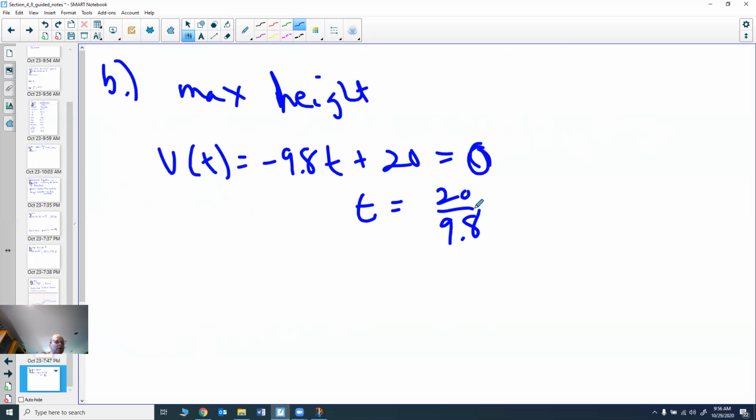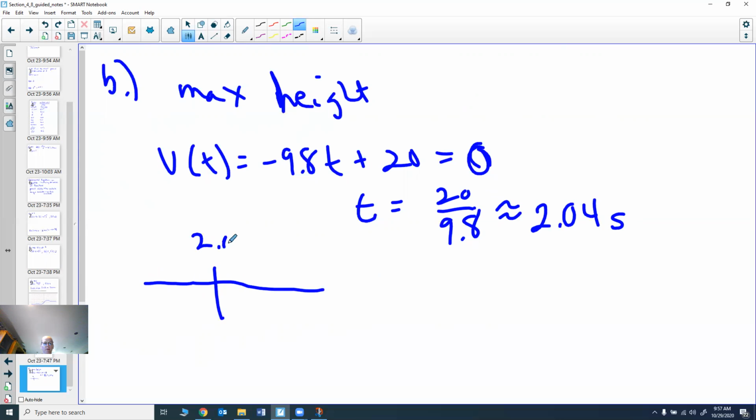Now we can take out a calculator and find what that is. So that's 20 divided by 9.8. That's about 2.04 seconds. Now we have to prove that it is a maximum. So remember, we're going to use the first derivative test.